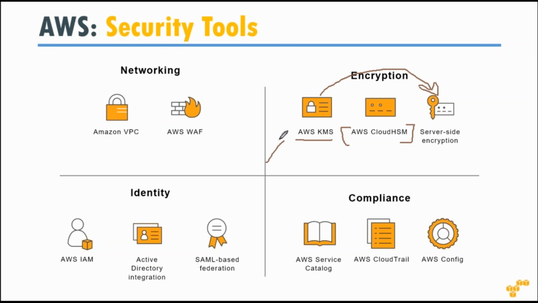Or you can import your own key into Amazon KMS and use that option also. So both are available. When I say keys, they are nothing but typical SSL certificates, or you can generate your own certificates and give them to Amazon to manage your traffic between applications. A lot of options are available there for encryption.